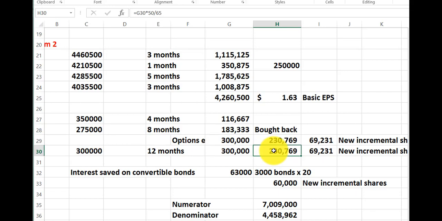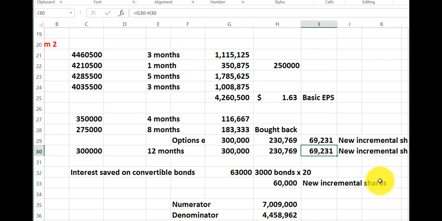So our 300,000 ends up buying back 237.69, just like the options. And the difference between the two is the new incremental shares. Because the value was the same and because the number of shares was the same, this actually ends up being a duplicate of the new incremental shares.